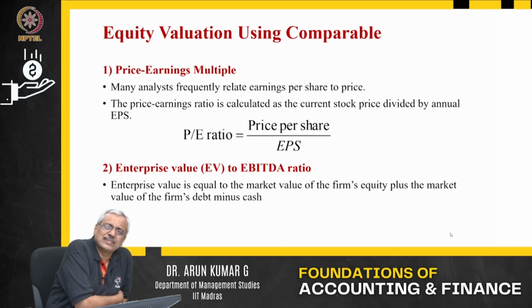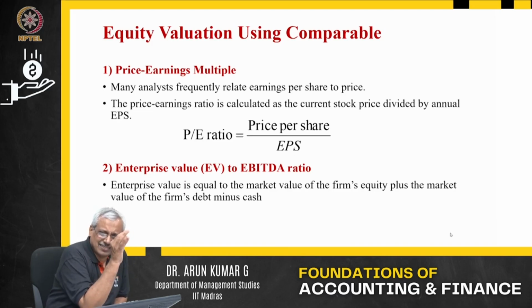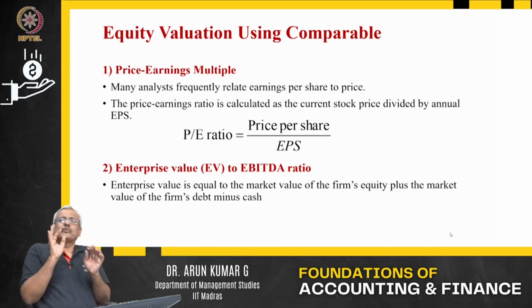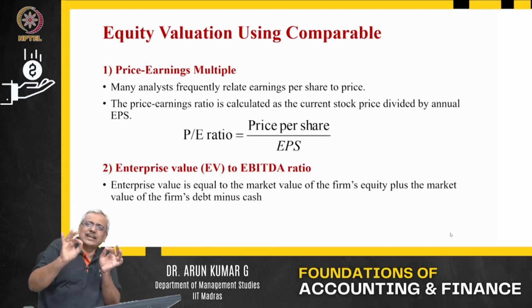That means your company has earned X dollars or X rupees, how much is the multiple that you will give? How many times that earning is what you are going to give as the price of that particular equity. That is what is price to earnings multiple.